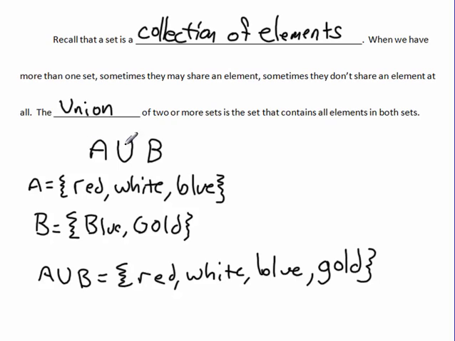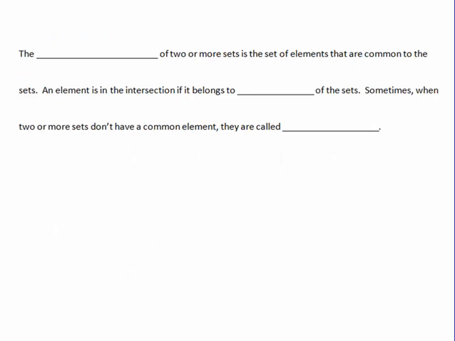So that's an example of A union B. This is how we denote it mathematically. This is how we say it mathematically. Where U, this U thing, no tail, there isn't a tail here, this stands for the word or. So all the elements in A or B, that'd be red, white, blue, and gold. So A union B, all the elements in A or B.